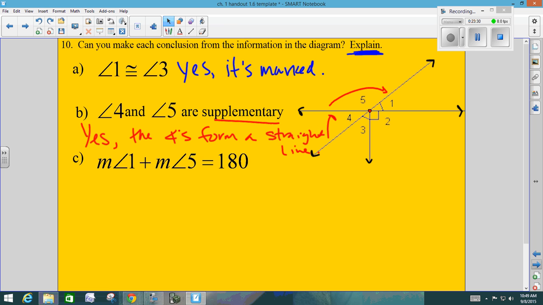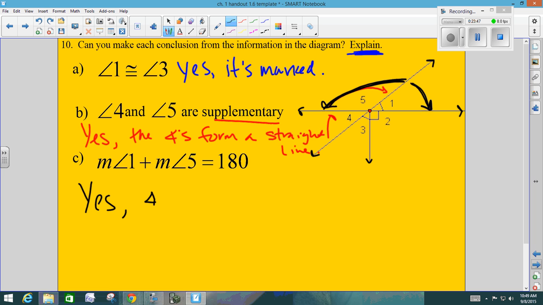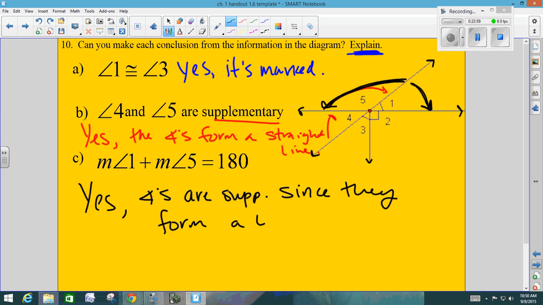C. Can we conclude that the measure of angle 1 and the measure of angle 5 would add up to 180 degrees? Why? How did you know they were supplementary? Good. Yes. Angles are supplementary since they form or make a line.